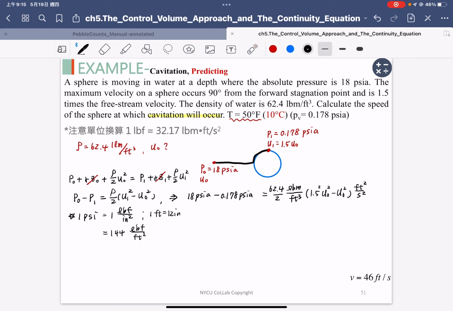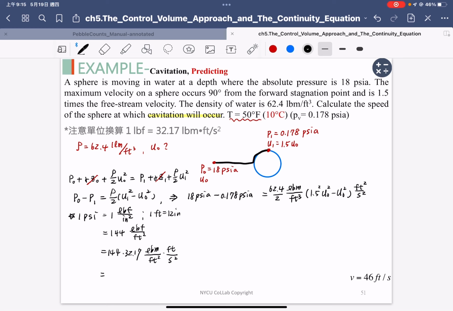So we also multiply the 144 by 32.17, and the unit will be pound mass, divided by ft square, multiplied by ft divided by second square.